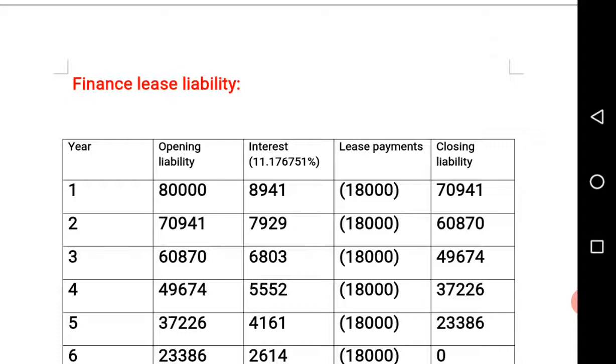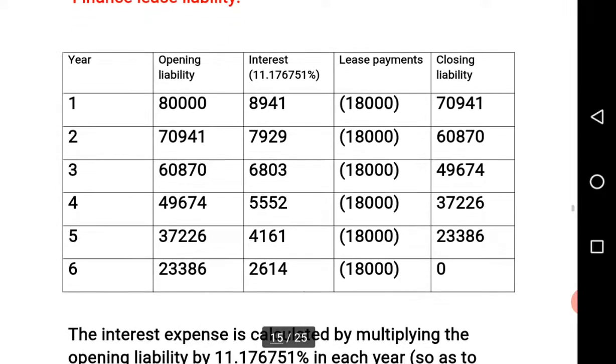So when we look at it with the same method, the closing liability is moved over to the opening liability of the next year, and 11% is calculated on each opening liability. Then 18,000 is deducted from the balance to get the closing liability. Then on as a cycle, we get 0 at the end of year 6.